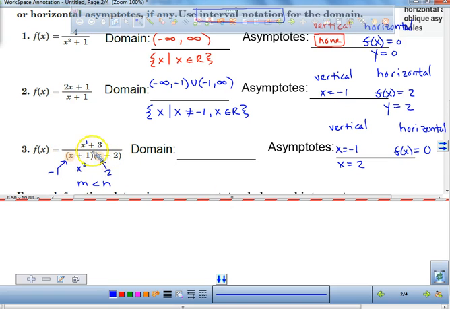Anytime the denominator is equal to a 0, and the numerator and the denominator don't cancel each other out, that's where the holes are in the graph. We'll talk about that later. Right now, if you can make this equal to 0 and nothing cancels out, then you have some vertical asymptotes.